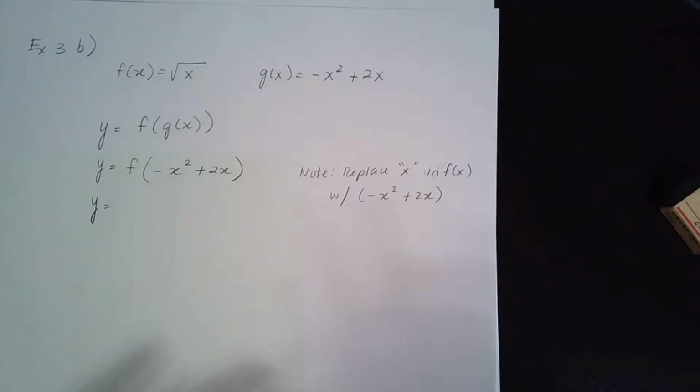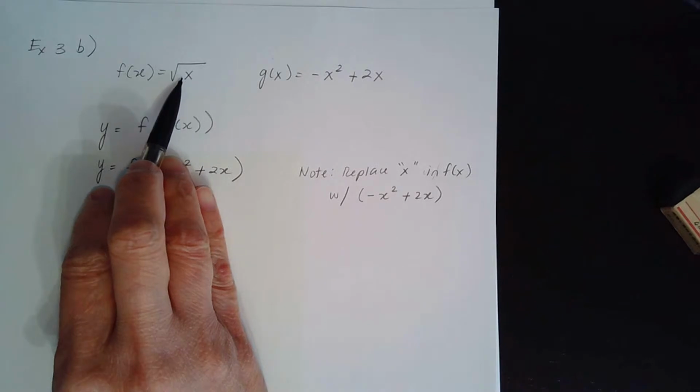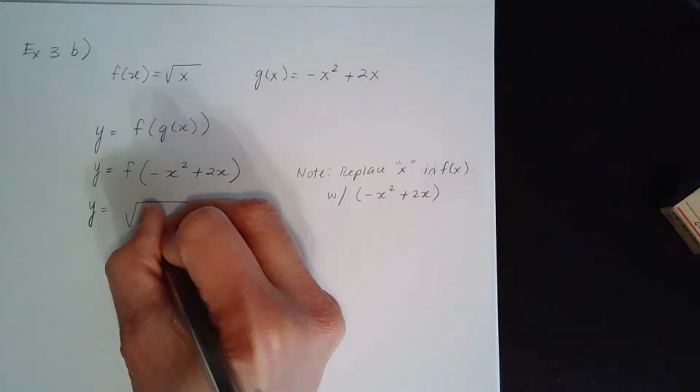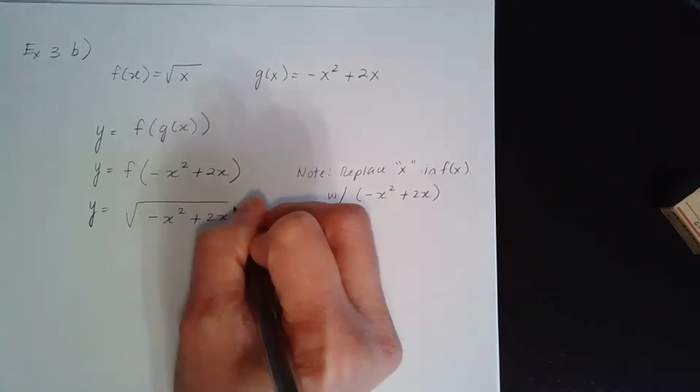So we're operating in the function f, and it says there the square root of negative x squared plus 2x.